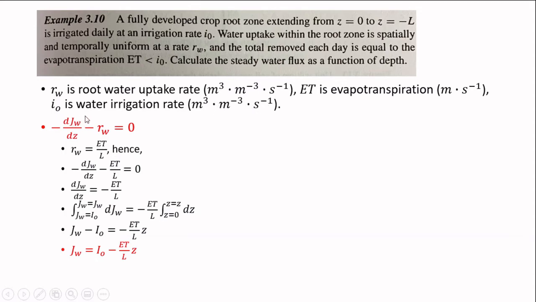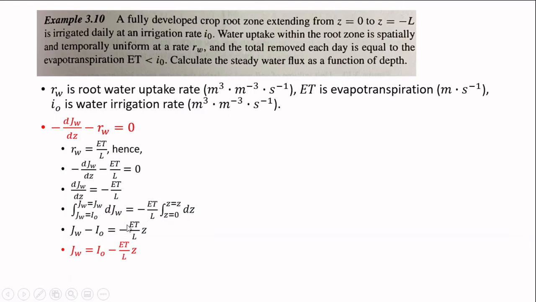So we can write a simple differential equation: minus dJW, the water flux, divided by dz, where z is the elevation within the soil, minus RW, the root water uptake rate, equals 0. You can represent the root water uptake rate with evapotranspiration divided by the root length L. Hence you can write this equation into this form.